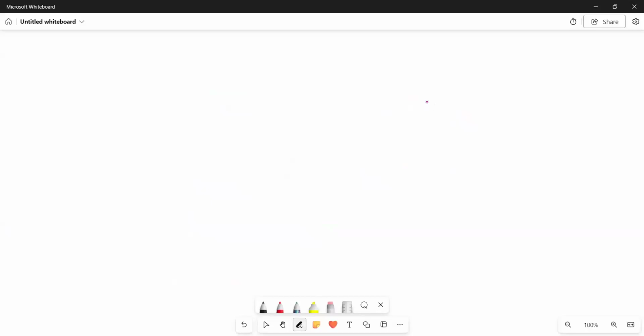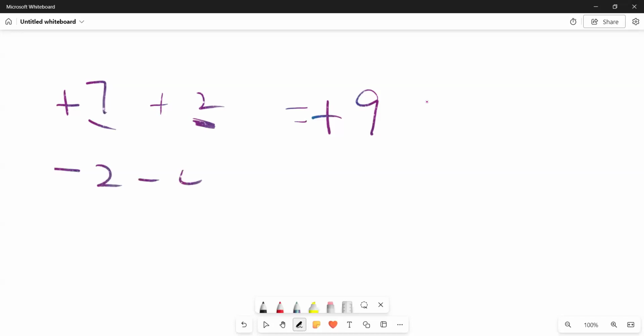Like, okay, you have 2 positive numbers, 7 plus 2. Both of them are positive, the 2 numbers are the same sign. Add them together, keep the sign of the 2 numbers. If you have 2 negative numbers, add the 2 numbers, keep the sign. Those are rules.